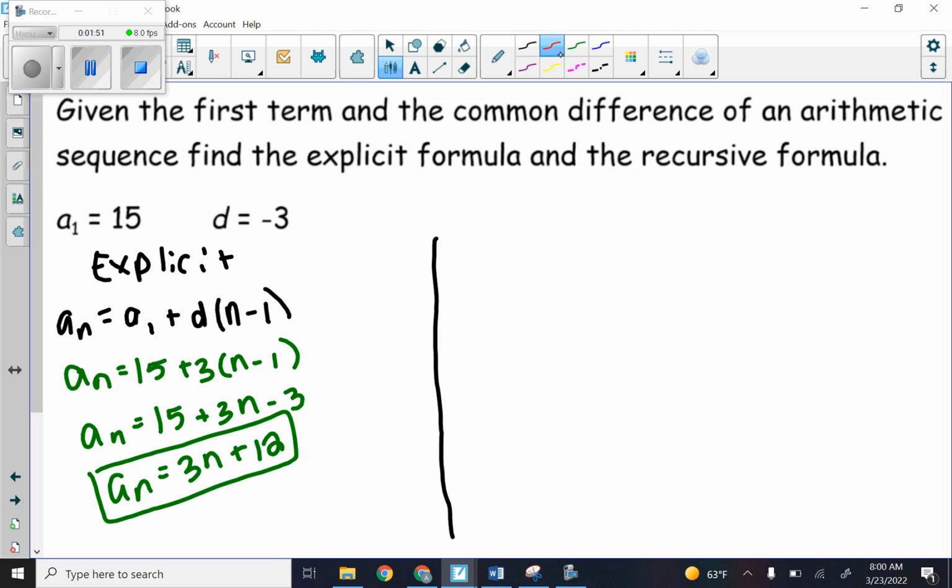Our recursive formula, that was a sub n equals a sub n minus 1 plus d.